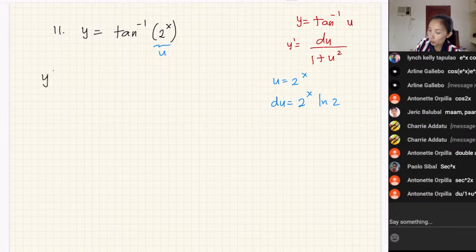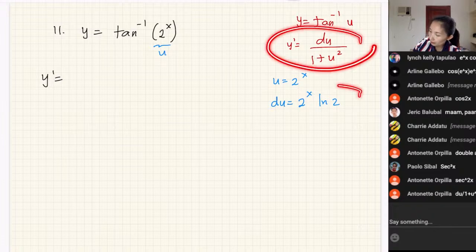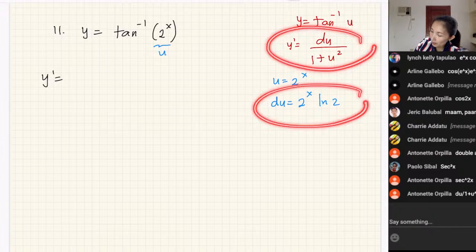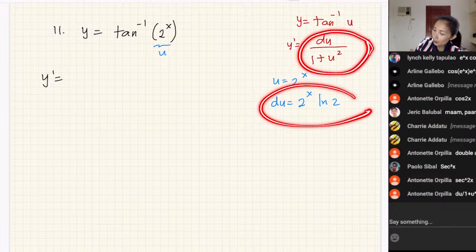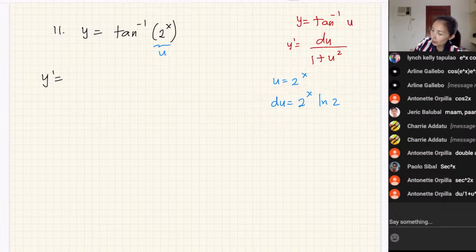Y prime equal to, from the rule, simply putting this into our formula, y prime will now be du, 2 raised to x times the natural logarithm of 2, all over 1 plus u squared.